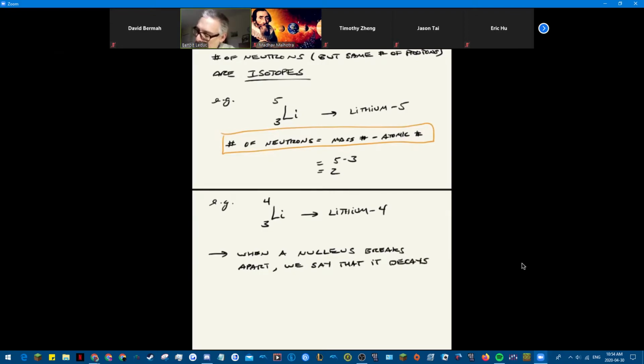So decaying means that the nucleus will break into smaller fragments.